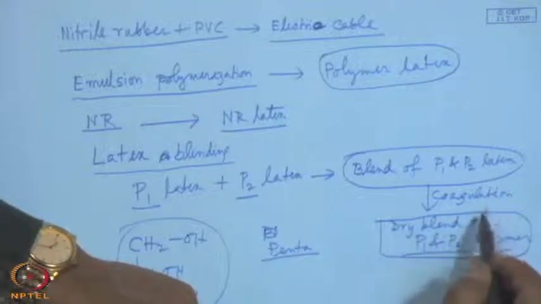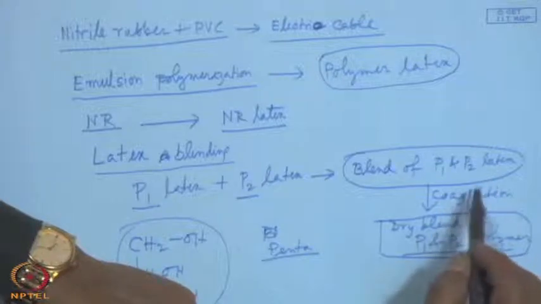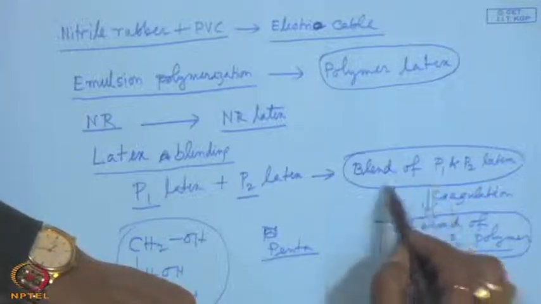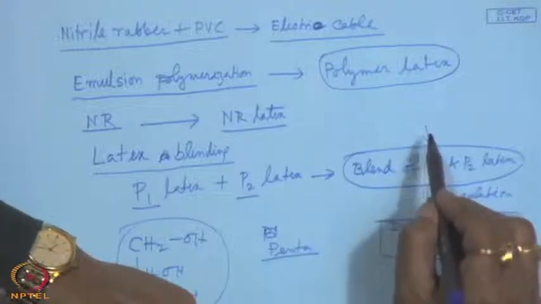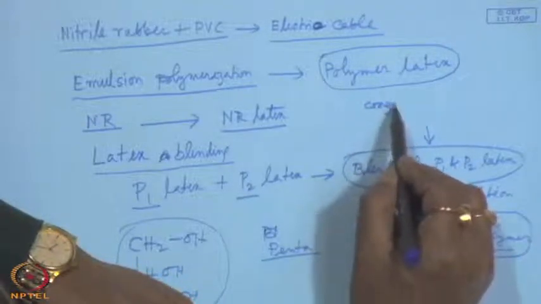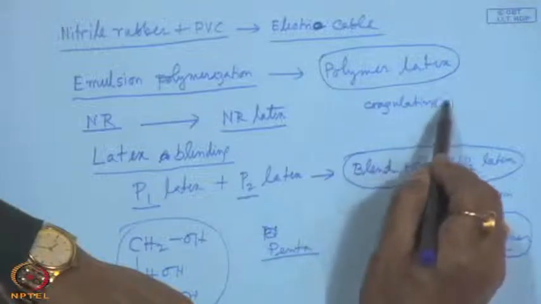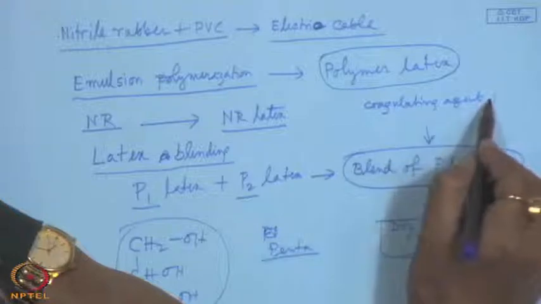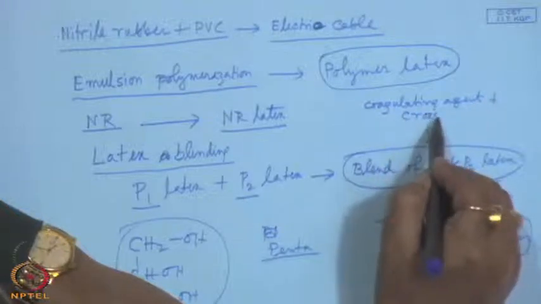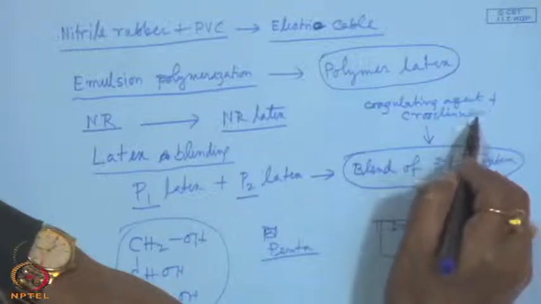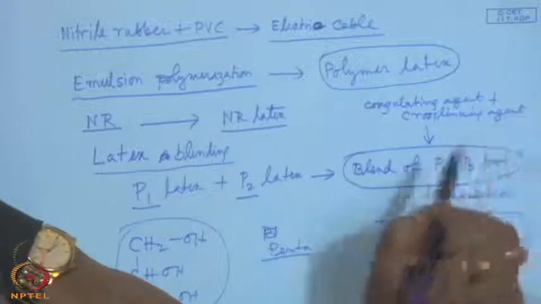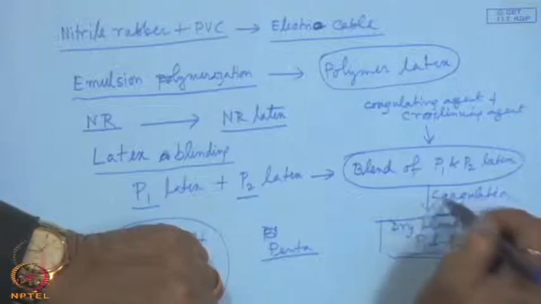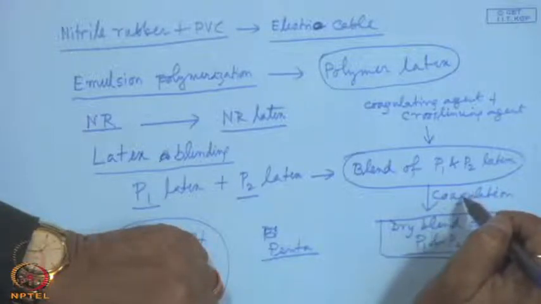Now, during coagulation we can mix some cross linker along with the coagulating agent. So, we have to add coagulating agent and along with the coagulating agent we must add some cross linking agent, which will remain dormant, remain passive during coagulation stage.